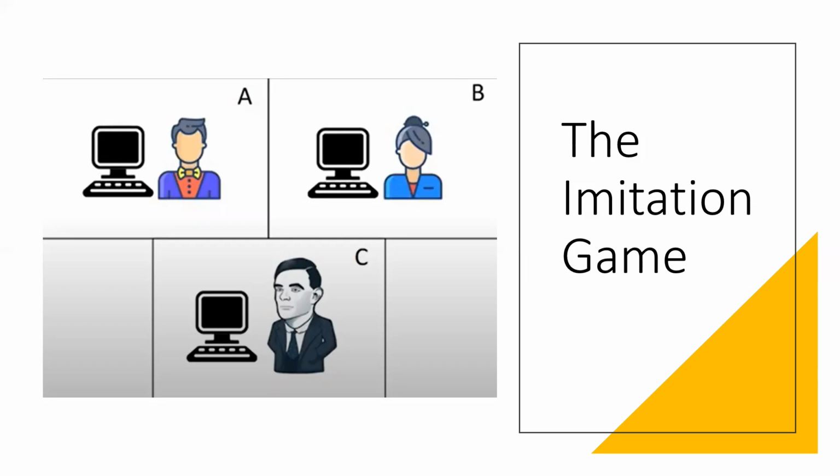The objective of the game for the interrogator is to determine which of the other two is the man and which is the woman. He knows them by the labels X and Y, and at the end of the interrogation he says either X is A and Y is B, or X is B and Y is A.